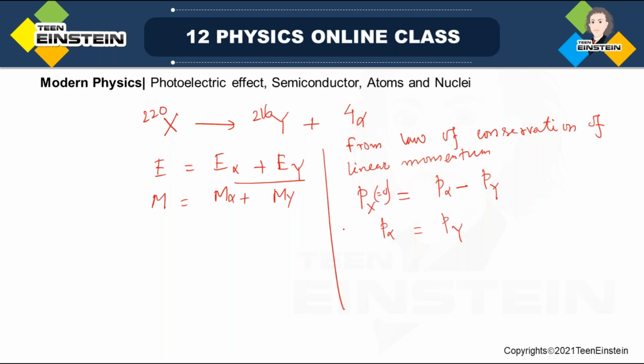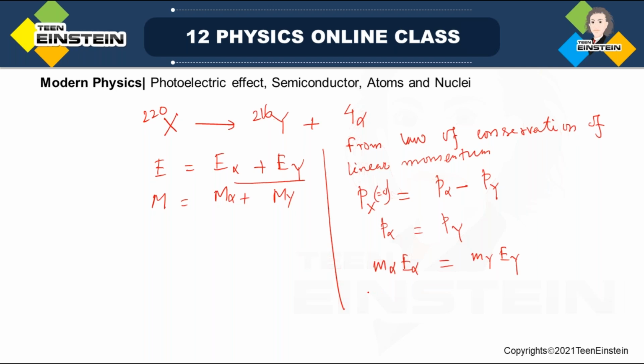So what we can write: m alpha into E alpha is equal to m of the nucleus into E of the nucleus.